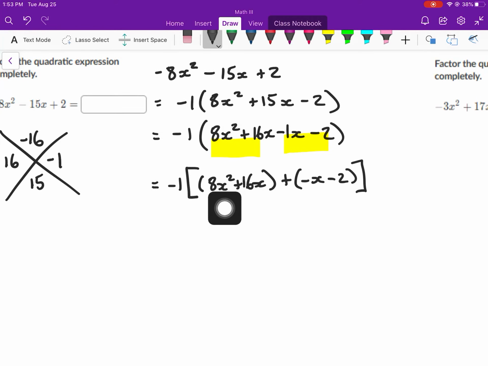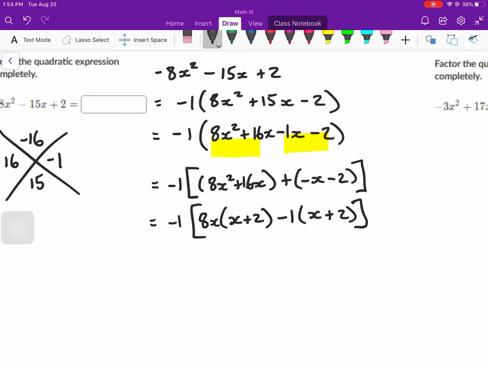And from there, I can factor out an 8x, so give me x plus 2. And then here I can factor out a negative 1. Don't forget we have that negative 1 out in the front.